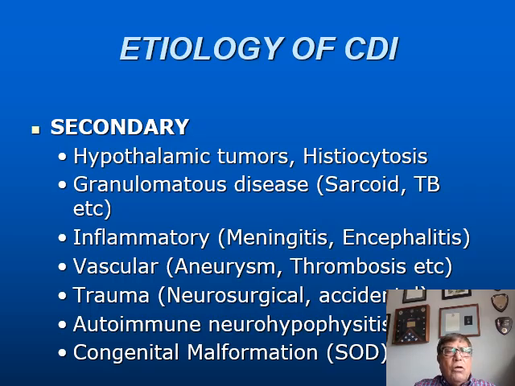If somebody checks ADH concentration, clearly it is going to be low. There are secondary causes of central diabetes insipidus, and those are the ones associated with significant morbidity as well. The secondary cause that we really worry about is hypothalamic tumor. You have heard about histiocytosis X or Hand-Schüller-Christian disease, granulomatous disease, sarcoidosis, tuberculosis, etc. And it can happen after meningitis, encephalitis, aneurysm, thrombosis.